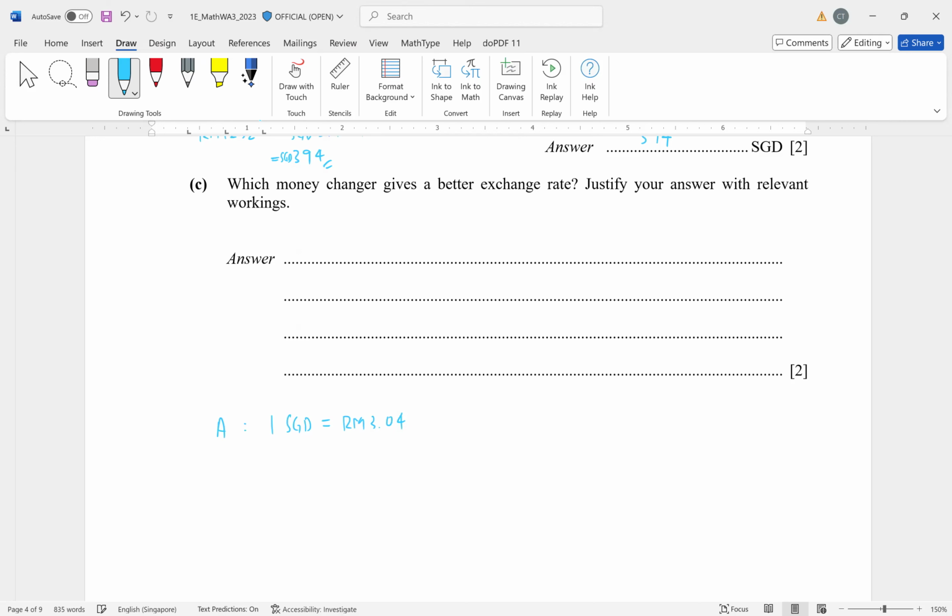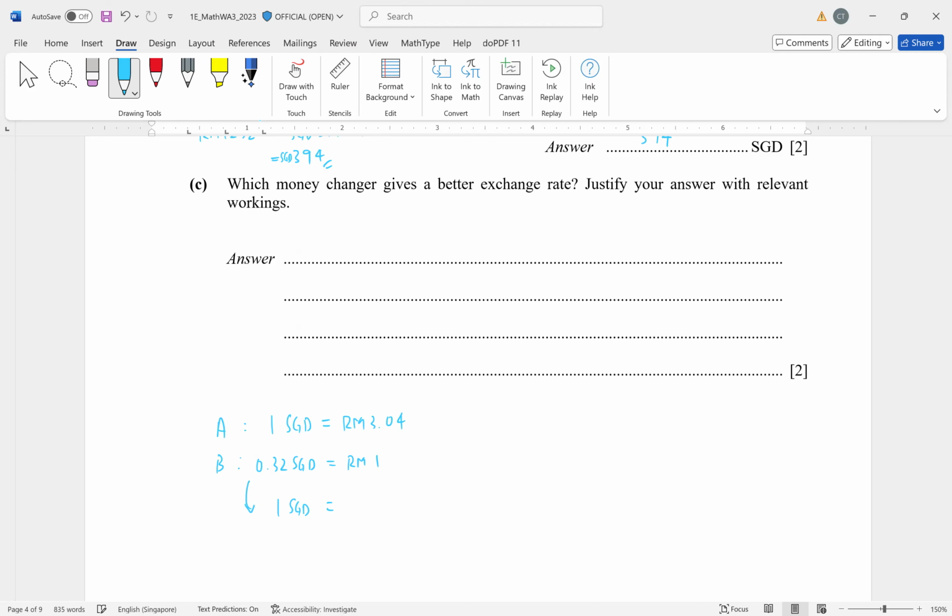I'm going to do the same thing for money changer B. Calculate how much RM I will get for 1 SGD. Money changer B is 0.32 SGD that will give me RM 1. Now I want to calculate 1 SGD. How do I get from 0.32 to 1?